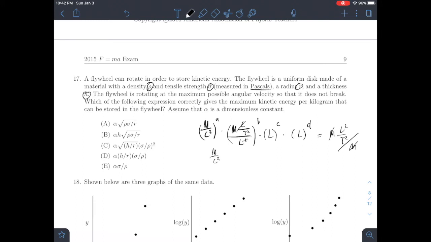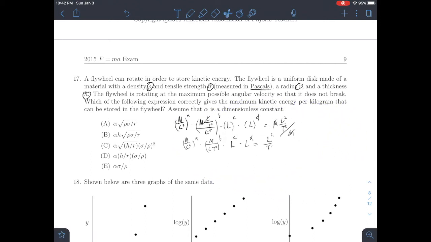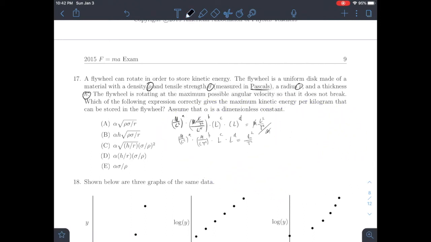Again, we have m over L cubed to the a power, times m over L times t squared to the b power, times L to the c power, times L to the d power, which is equal to L to the 2 power divided by t squared. Then we want to use dimensional analysis to do this. First we know the mass is cancelled out at the end, so a and b added together equal 0, right? And we know that t has to have a negative 2 at the end.